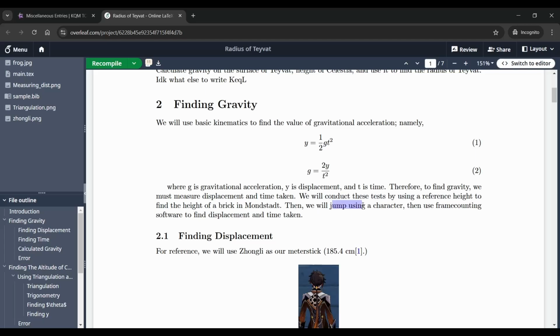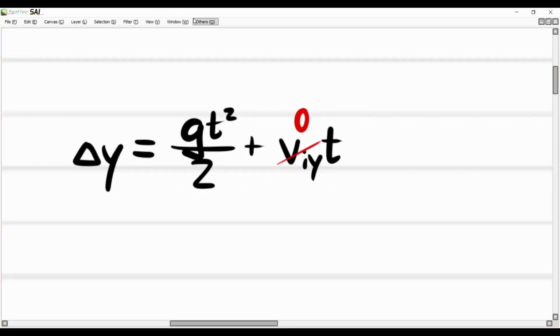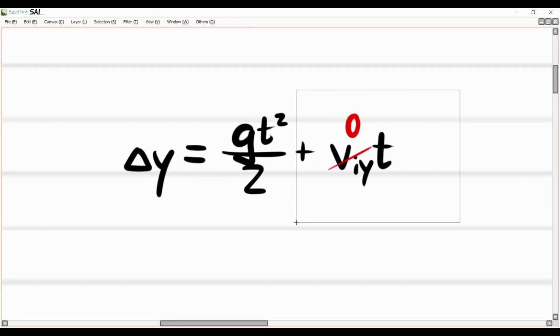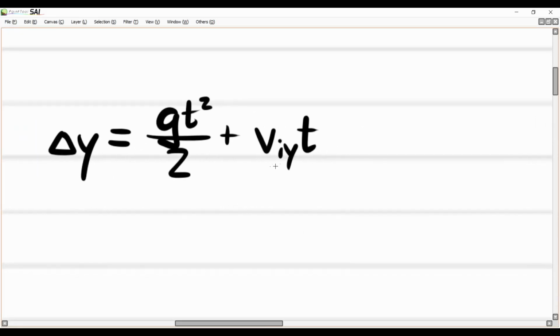Then we will jump using a character, using frame counting. Okay. This little jumping thing makes me a little iffy, because something to note about jumping is that the initial vertical velocity is not 0 for a jump.